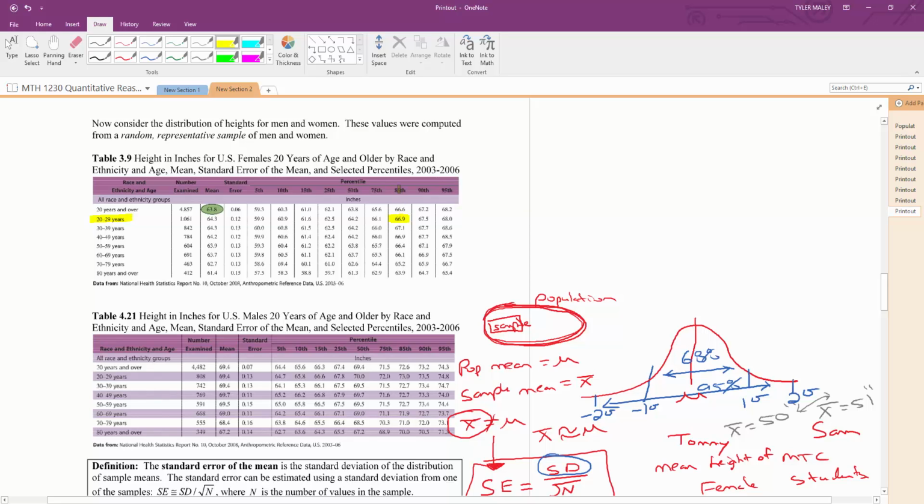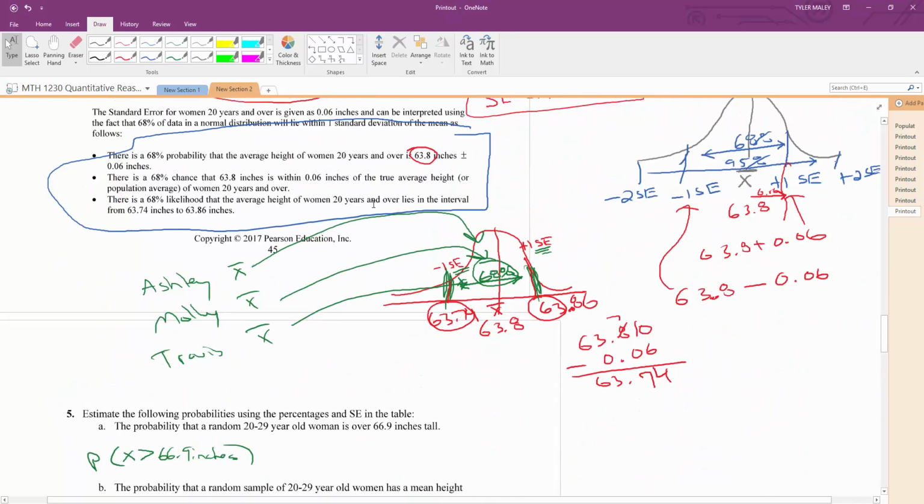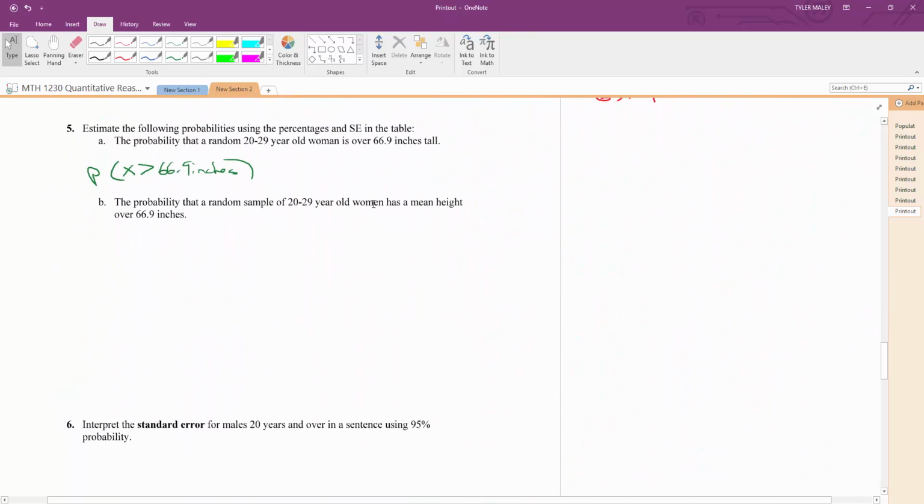And this matches up with the 85th percentile, right here. So if you recall, if here's my normal distribution, this value, x equals 66.9, is the 85th percentile.